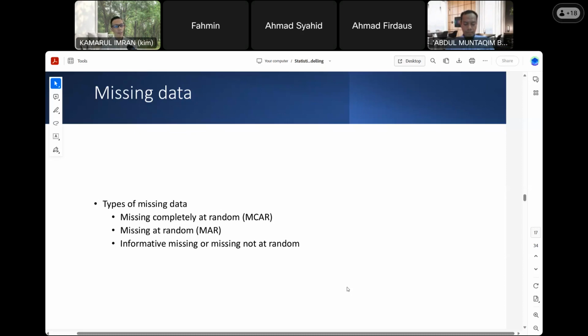Those who died did not contribute data to your study. So data from those who died, in that situation, is considered informative missing or missing not at random, because it is related to the outcome of the study.